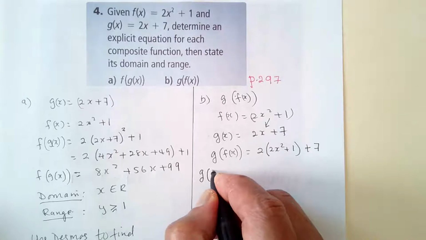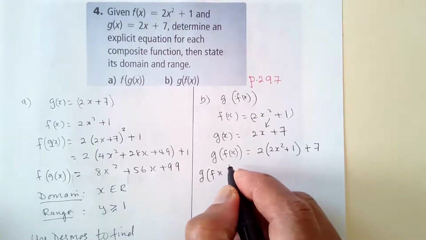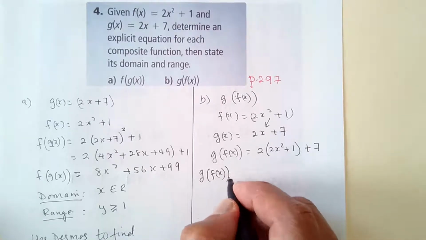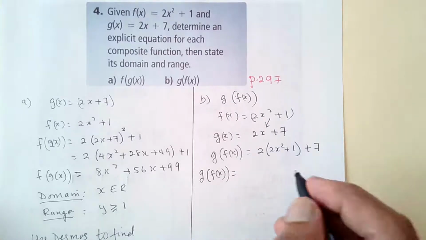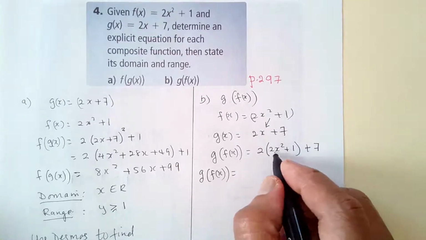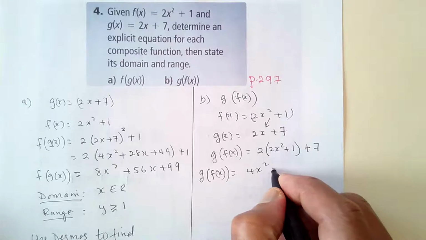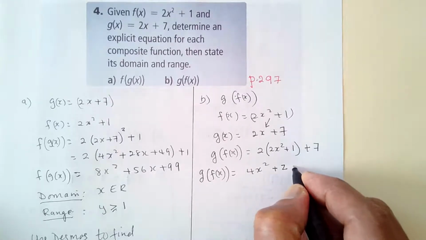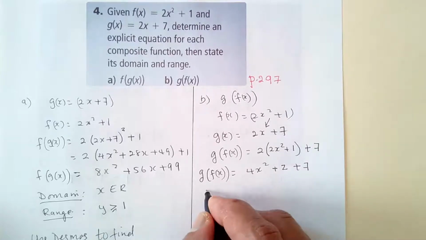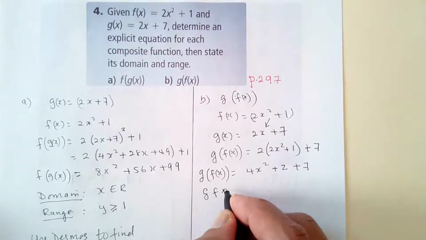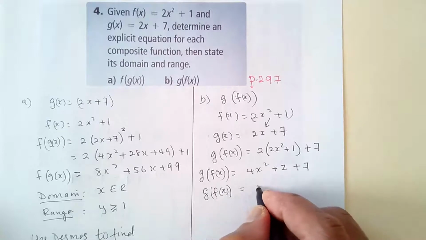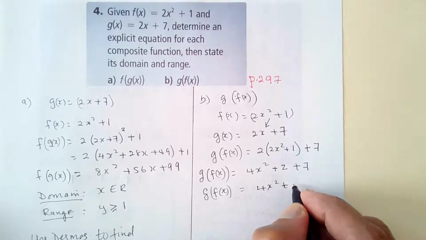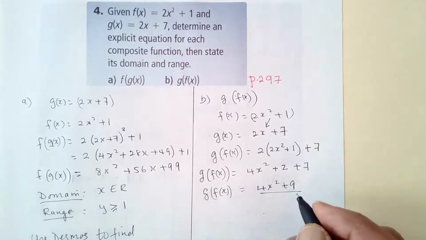So g of f of x. Doing the work here, 2 times 2, we have 4x squared plus 2 plus 7. So g of f of x is 4x squared plus 9. So this is another quadratic.